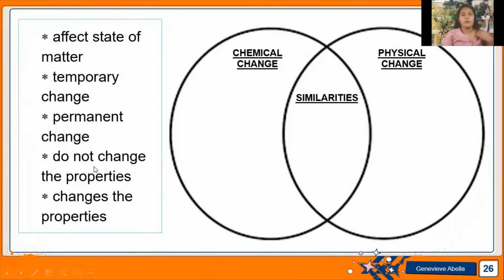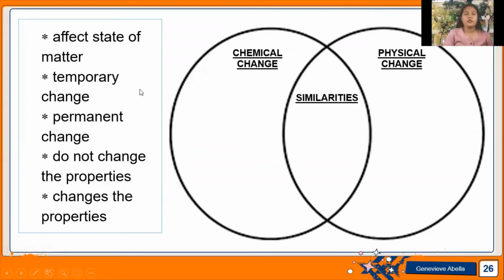Shown here inside the box are the different changes that may occur to chemical and physical change. So we will be using the Venn diagram. The outside circle of the first circle is the chemical change, and the second outside circle is the physical change. So the center, the intersecting circle, is their similarities.